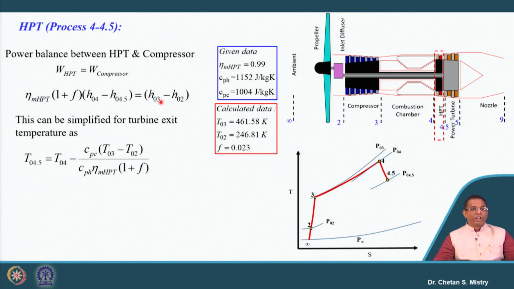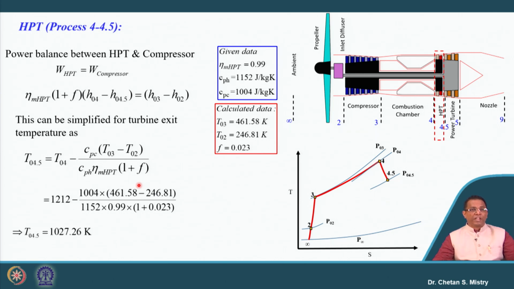Since we have our information available, we will write it in terms of the Cp value, and if we put in all these numbers, it says my temperature at the exit of the HP turbine is 1027.26 Kelvin. So this is the temperature from the HP turbine. Do not get confused in doing the calculation.